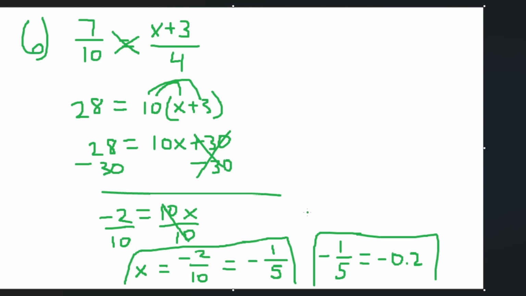Okay, so now we will move on to the bonus question, which is the hardest one, but we have done enough problems to know how to do it. It's just a little bit longer.